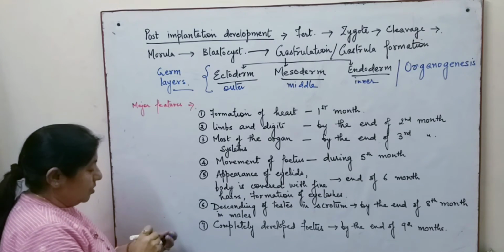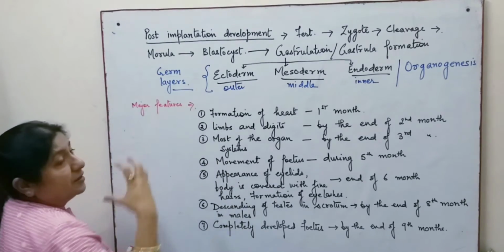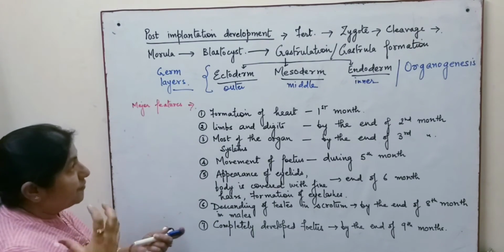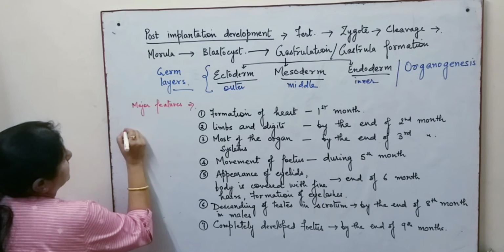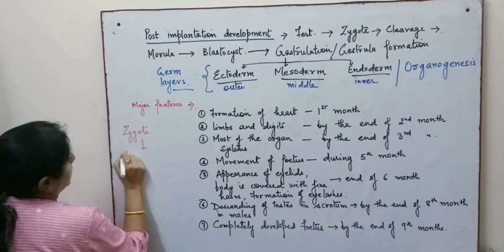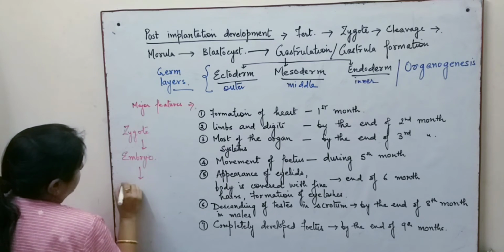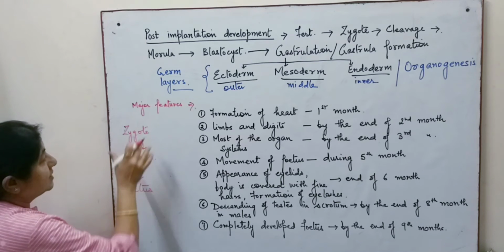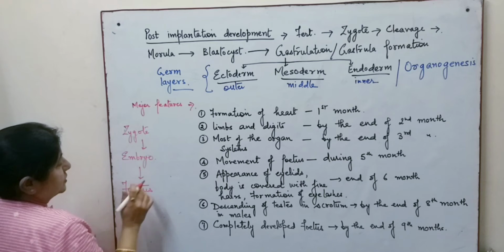Now also, when we talk of the development of the zygote, there are a few terms. When the zygote develops as an embryo, this embryo will be known as fetus later on. These are the terms which we use after the fertilization.